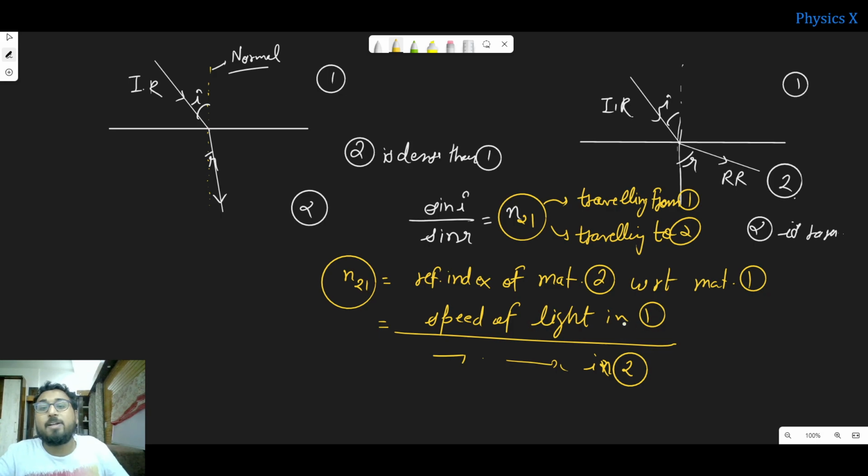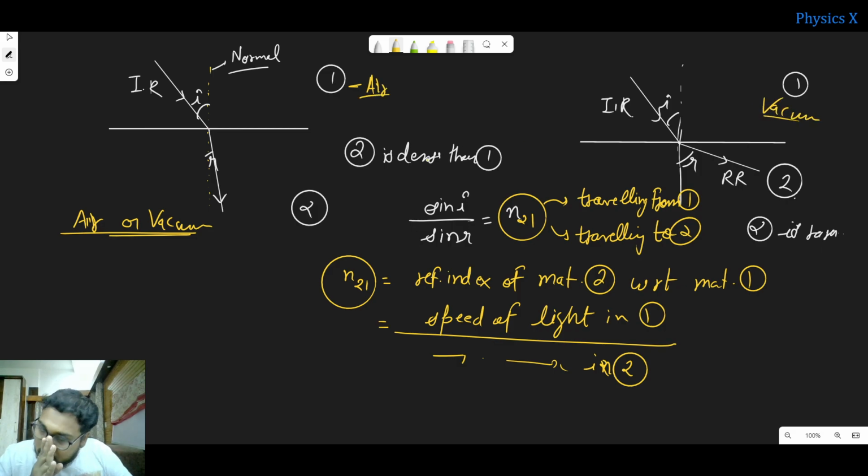Okay, so if I take air or vacuum as the first medium, I am not considering the slight difference between air and vacuum. So if I am taking this as 1, what will happen? You will replace this 1 by nothing, you will just write n2. You will write speed of light in 1, and 1 is now air or vacuum.